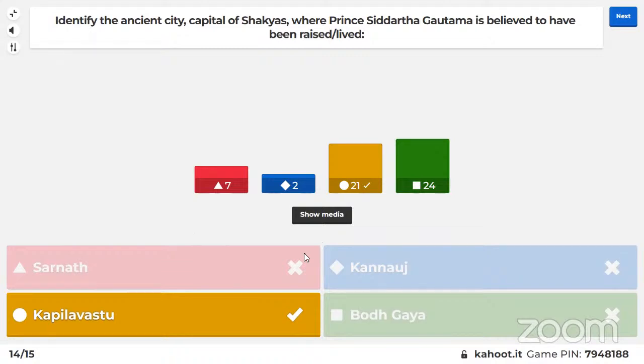So that is Kapilavastu. Kapilavastu is the correct answer, the place where Siddhartha Gautama's father and mother, Suddhodana Maharaja and Mother Mahamaya, lived.